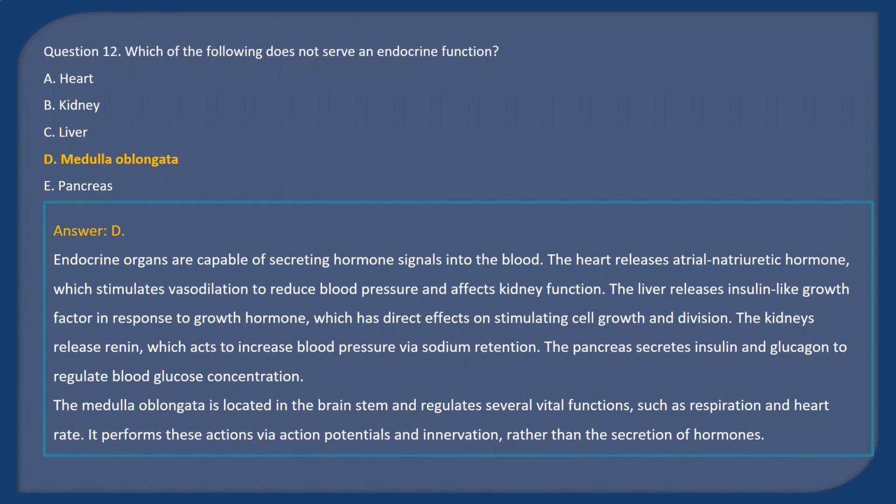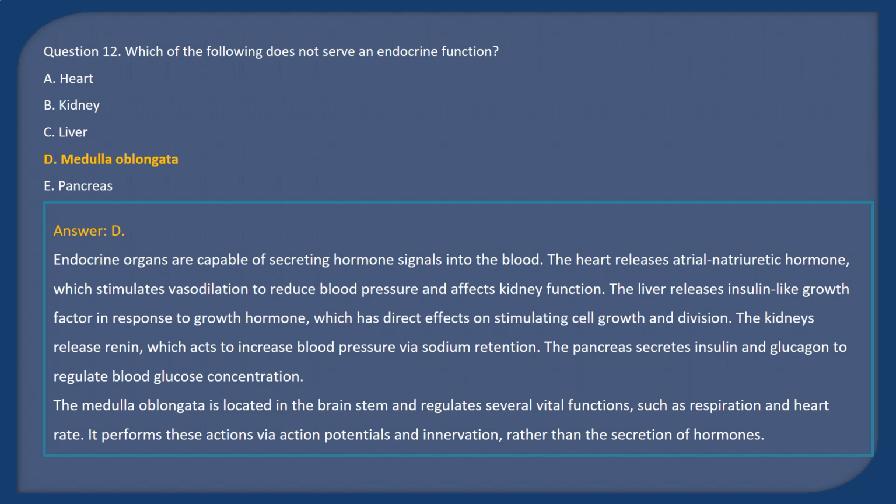Answer D. Endocrine organs are capable of secreting hormone signals into the blood. The heart releases atrial natriuretic hormone, which stimulates vasodilation to reduce blood pressure and affects kidney function.